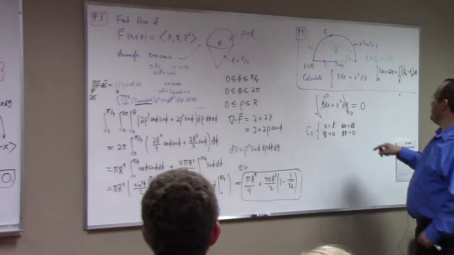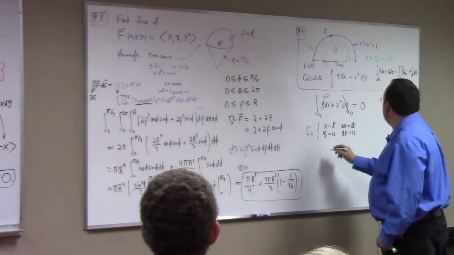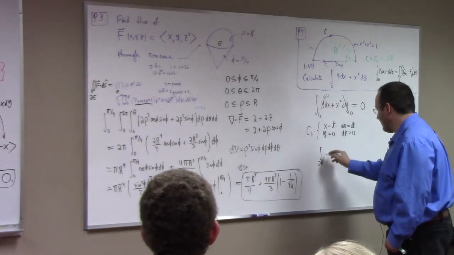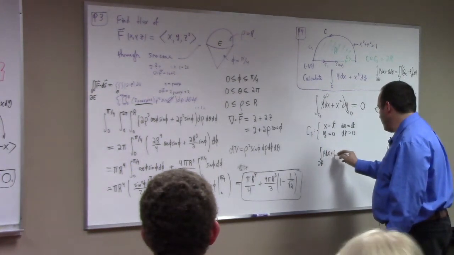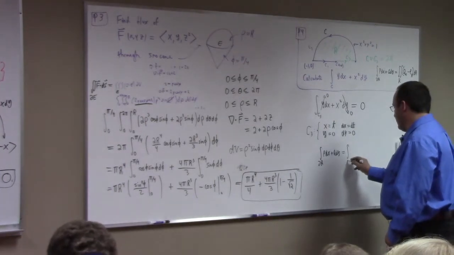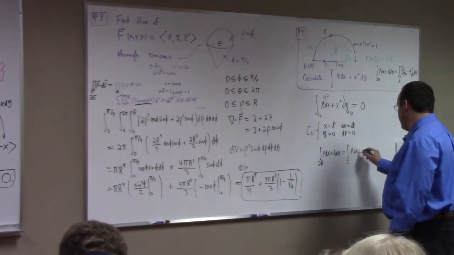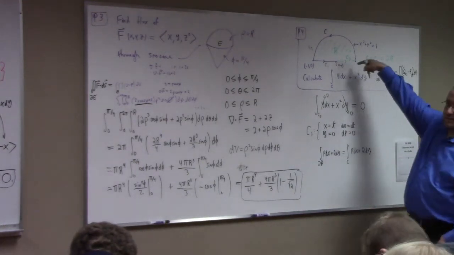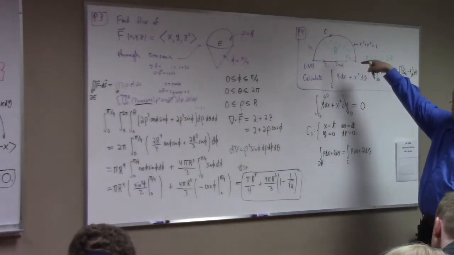So in short, the integral around the boundary of R of p dx plus q dy is equal to the integral along C of p dx plus q dy, because the integral along the lower line segment is just 0.